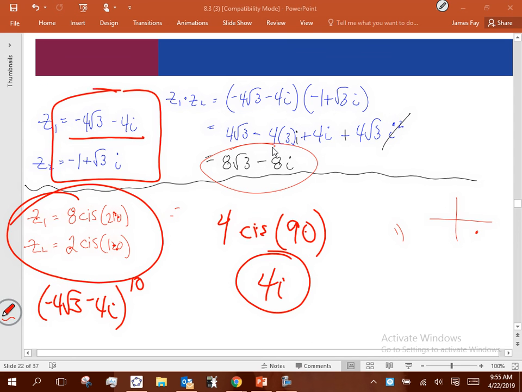If you were to do this division here by using our rectangular process of multiplying by a conjugate, you're probably still FOILing. Does that make sense? And in polar form, I've already got the answer. Okay? So that's kind of how some of this stuff benefits us algebraically. In regards to a lot of circular motion type things, complex numbers and rotation and stuff like that, complex numbers are nice.